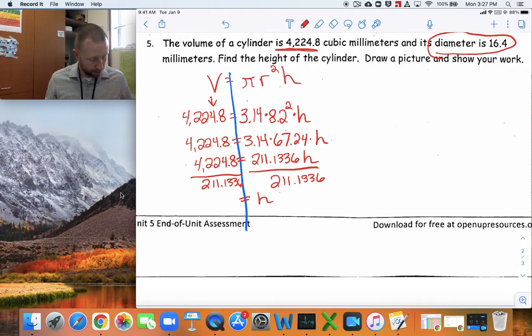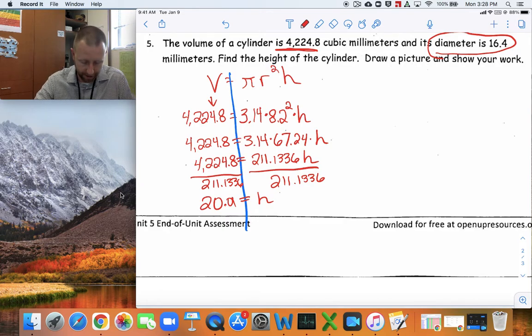Let's type that in real quick. 4,224.8 divided by 211.1336, and it gives us 20.01 for my height.